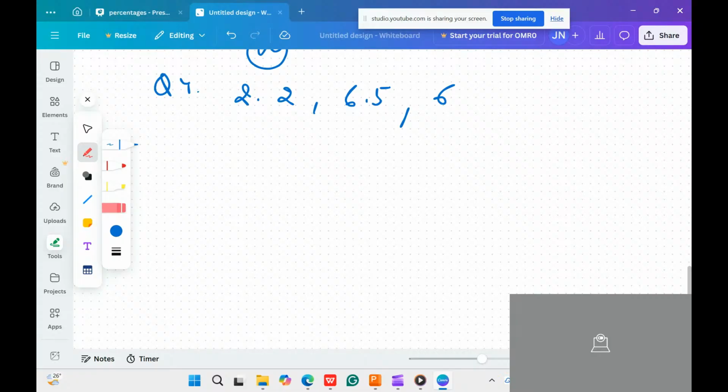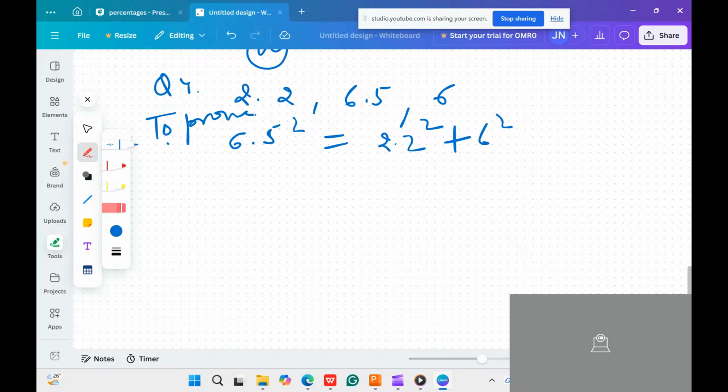The longest side is the hypotenuse. It means that the square of this should be equal to 2.2 square plus 6 square. We have to prove this. If it is a right-angle triangle, find the square of each side and tell me whether you are getting the correct answer.